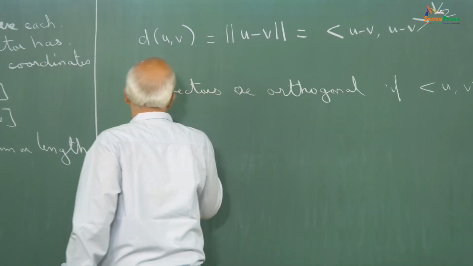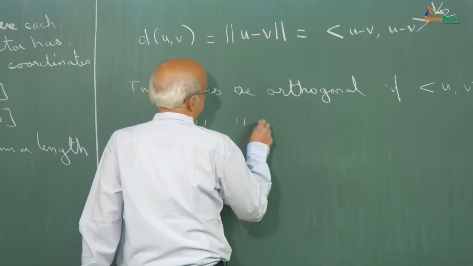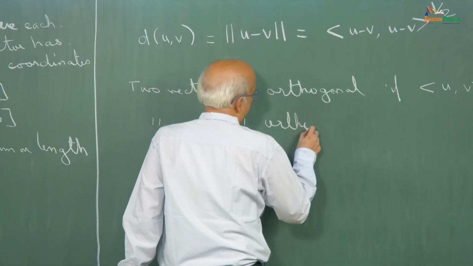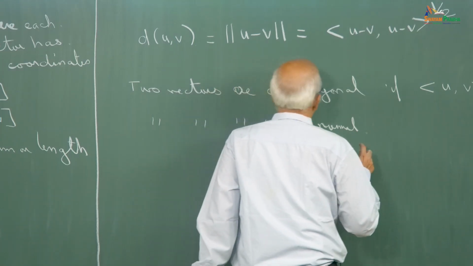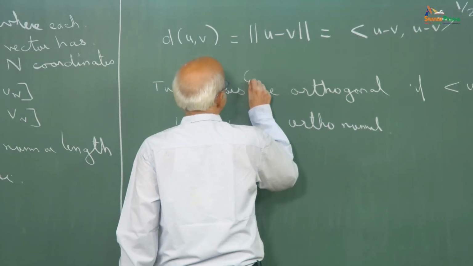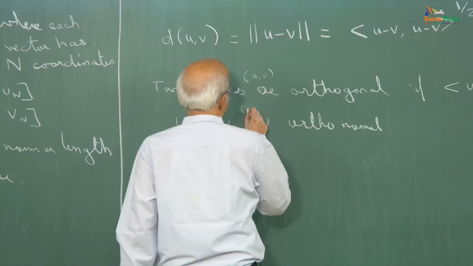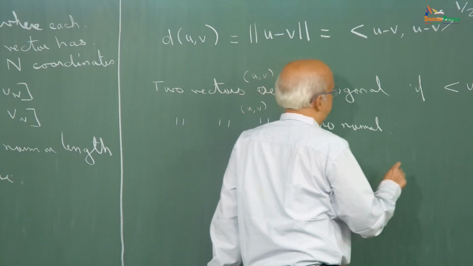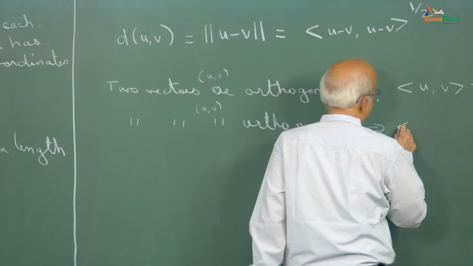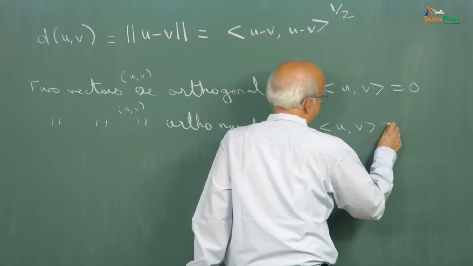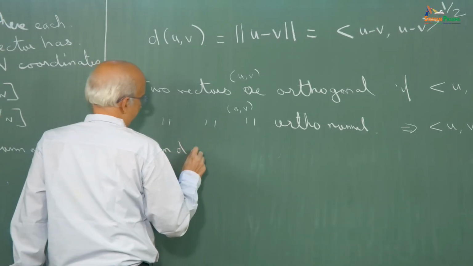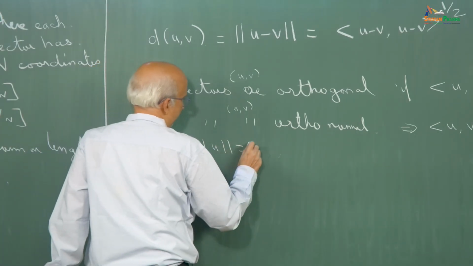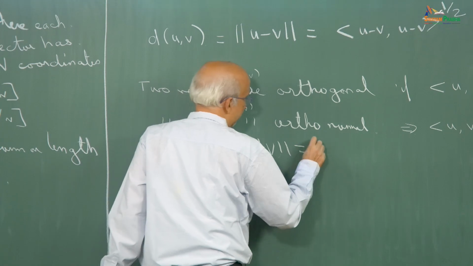And two vectors u and v are orthonormal, okay, implies inner product of u and v is 0 and the norm of u equals norm of v equals 1.